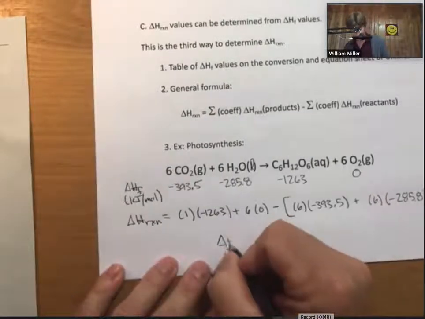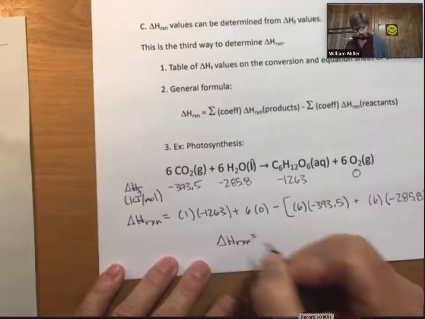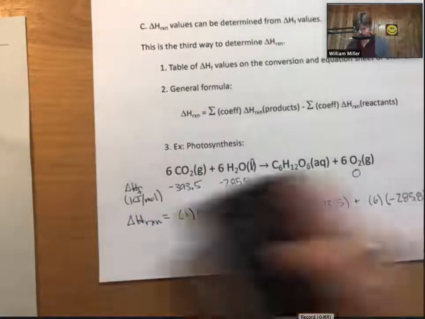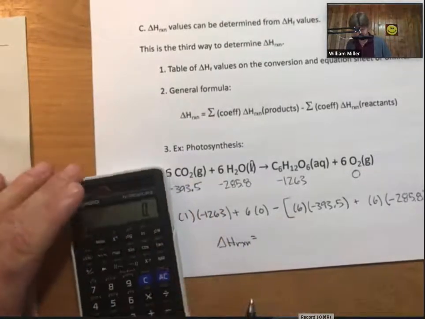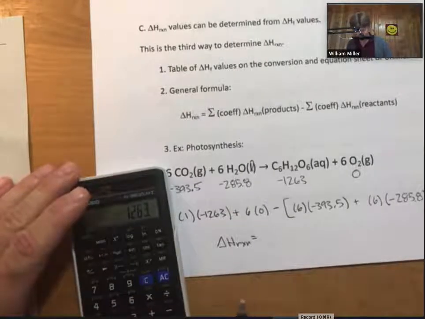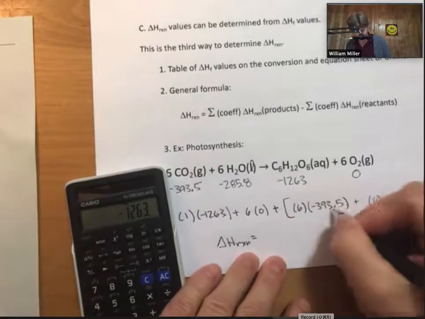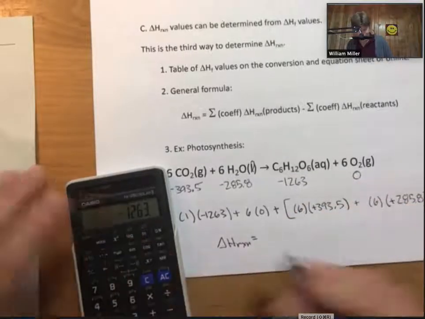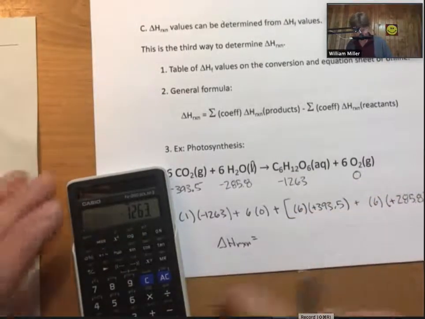And when we calculate this out, so 1263, I'm just going to do plus, plus, plus. So all of these are positive now.